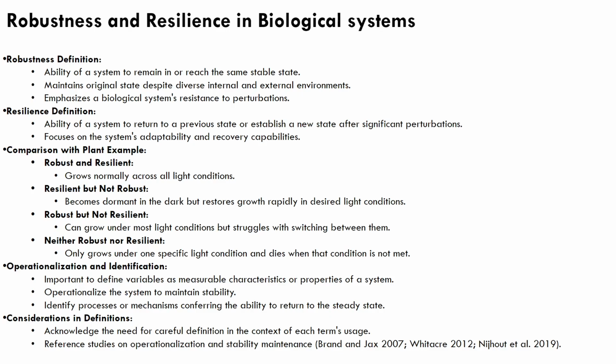If it is robust but not resilient, it grows under most light conditions, but will struggle while switching between them. And if it is neither robust nor resilient, it will grow under only one specific light condition and will die when that condition is gone. So resilience focuses on your system's adaptability and recovery capabilities, and robustness focuses on your system's resistance to perturbations.